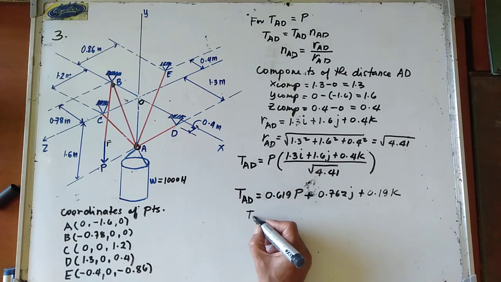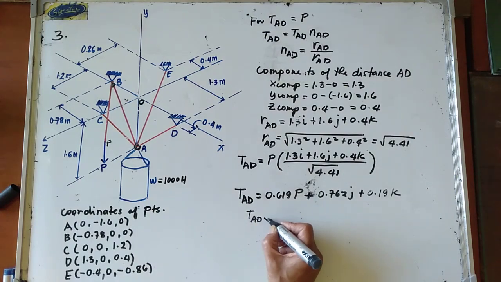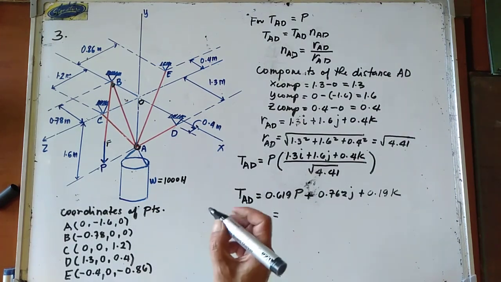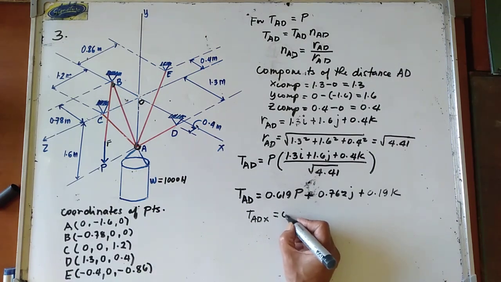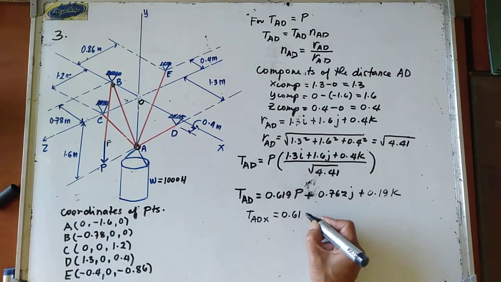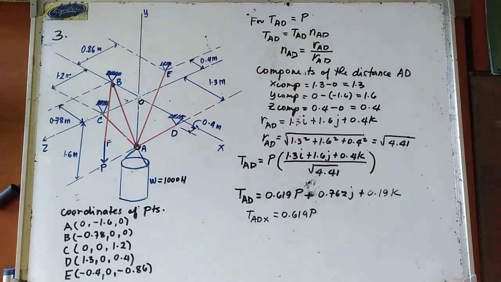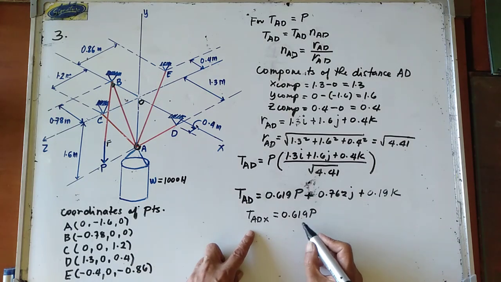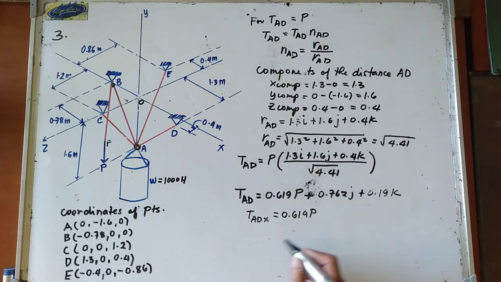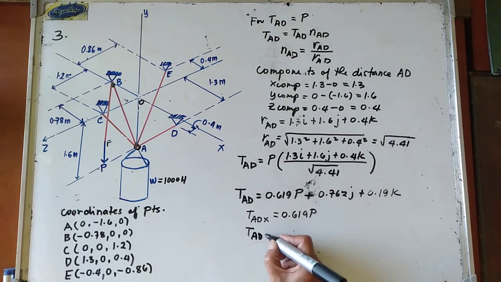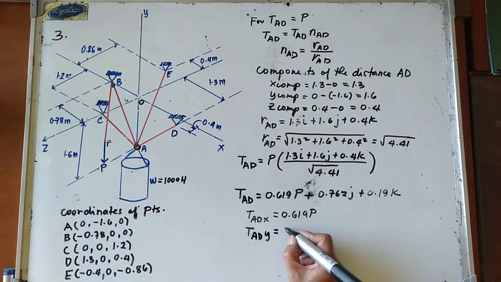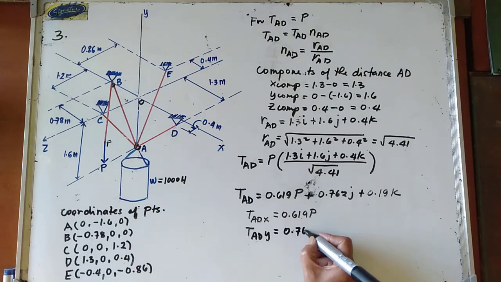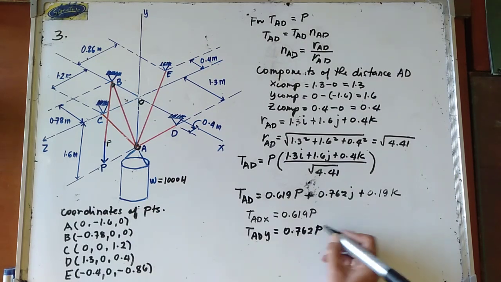Again, in scalar form, TADX is 0.619P. TADY is 0.762P.